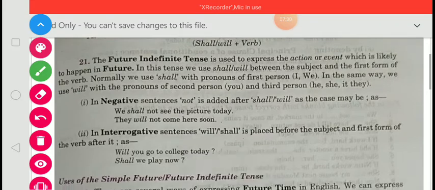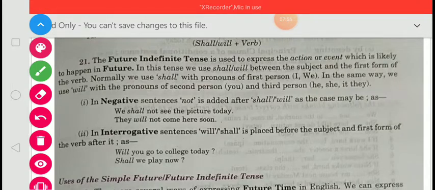So the future indefinite tense or the simple future tense is used to express the action or event which is likely to happen in future. In this tense we use shall, will between the subject and the first form of the verb. Normally we use shall with pronouns of first person I, we.